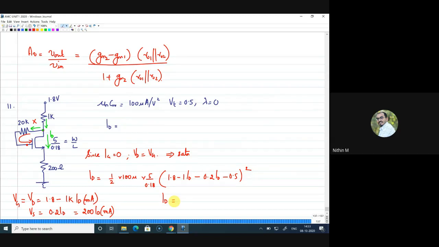So what is the value for ID? Is there any doubt about the way I solved this question?